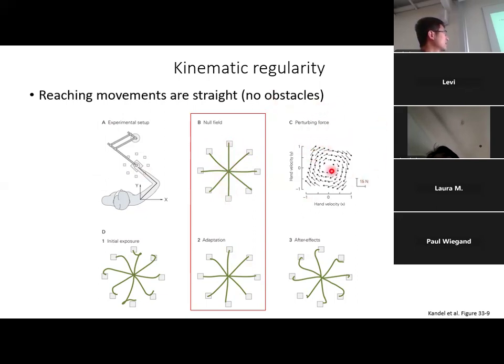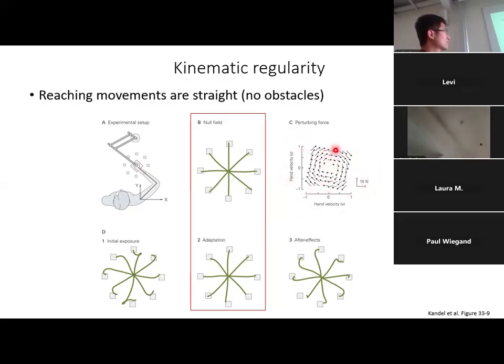If we apply a perturbation, the perturbation is applied on the handle. There are some motors on this manipulator. At certain times they induce some force perturbation, and you can program that as a force field. Here it is a velocity dependent force field. Let me explain what this means.